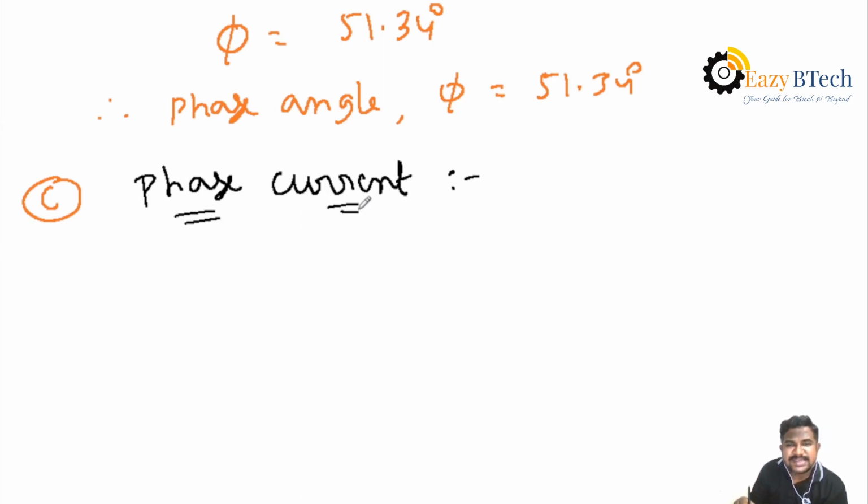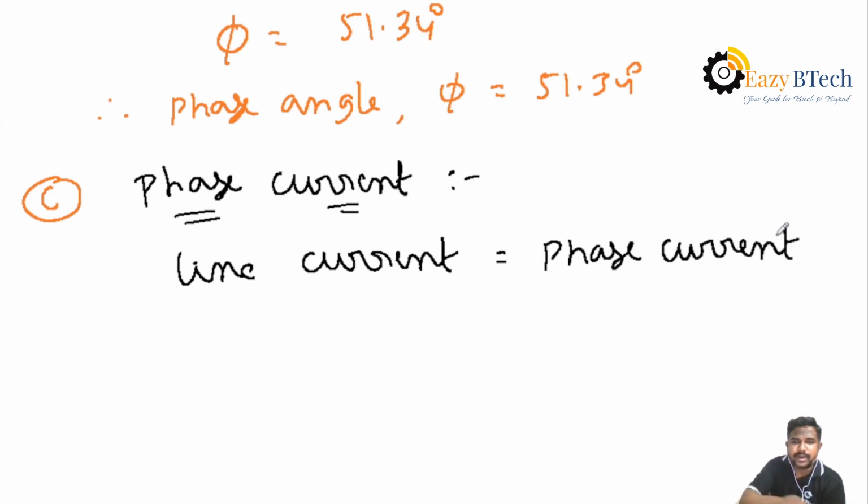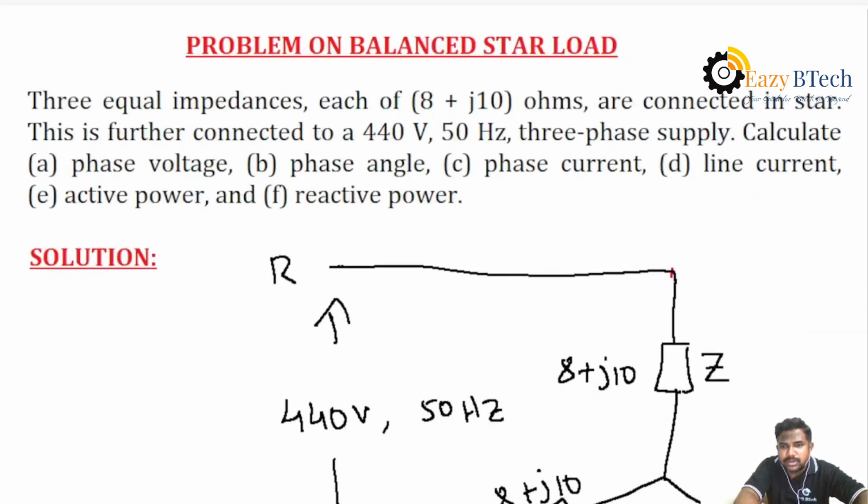We know in star system, what is the relation between line values and phase values of the currents? In star system, line current equal to phase current. And also in this problem, the D bit is also line current.